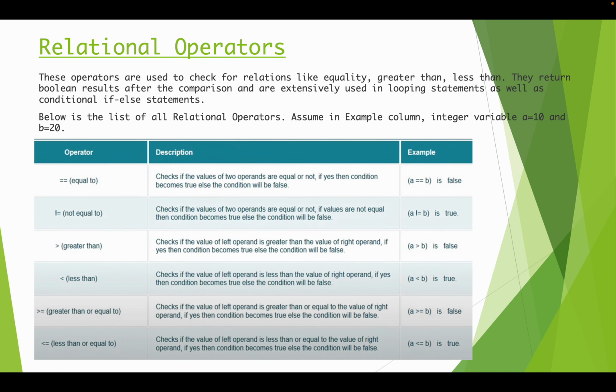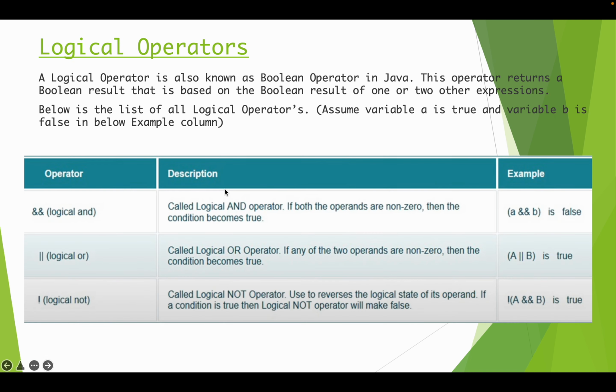Relational operators: equality, greater than, less than, greater than or equal to, less than or equal to. In a program we need to use them like this: equal to, not equal to, greater than, less than. So these fall under relational operators.